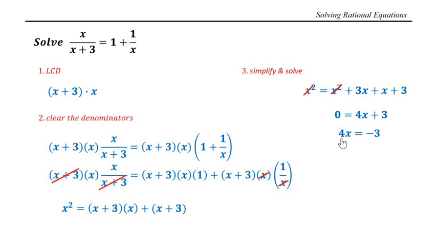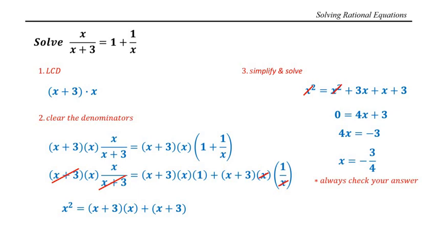Now we divide by 4 on both sides, and our final answer is x is equal to negative 3 over 4. The final step is to always check your answer. For the purpose of this video, we are not going to do that, but if you plugged in negative 3 over 4 for your x value and solved, you would indeed get that the left side and the right side are equal to each other.